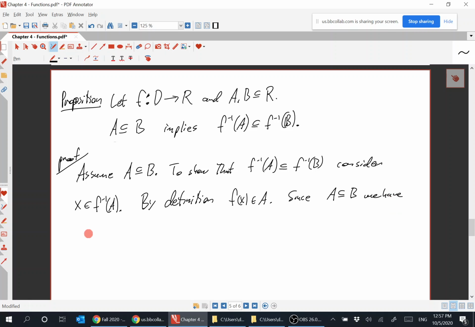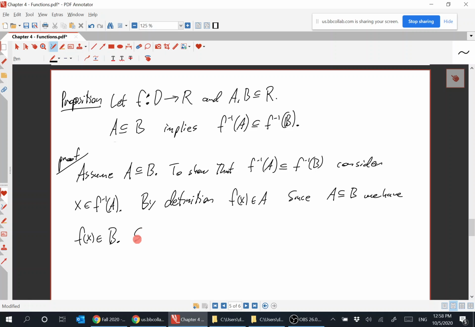So since A is a subset of B, what do we have? F of x is not a subset, f of x is an element of B. Yeah, element of, belongs to, that's fine.